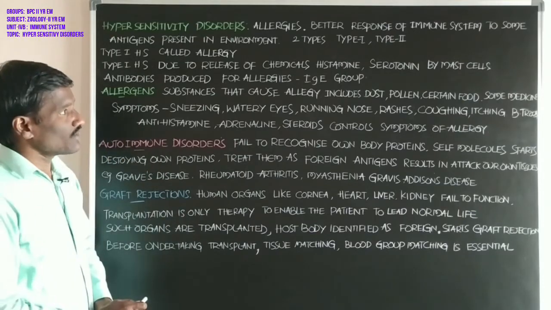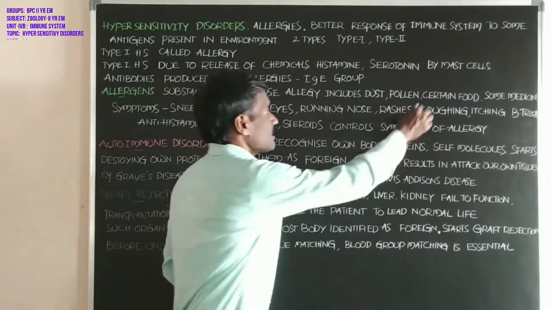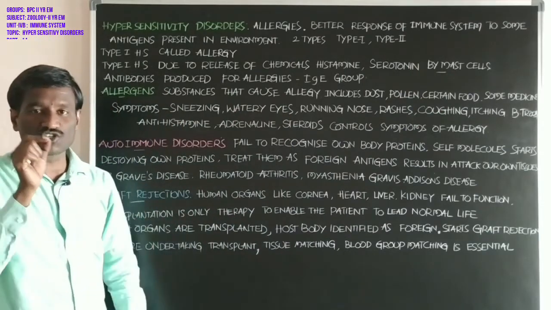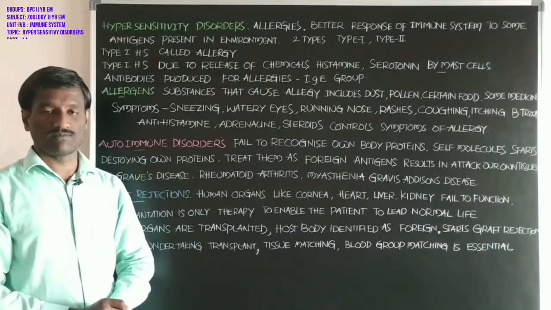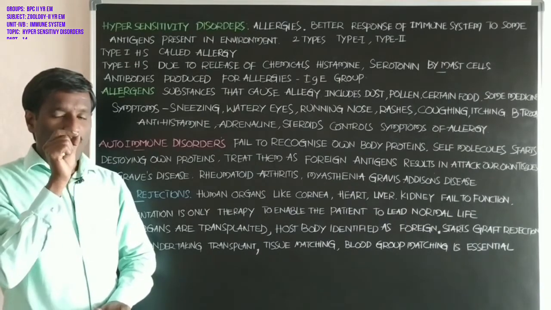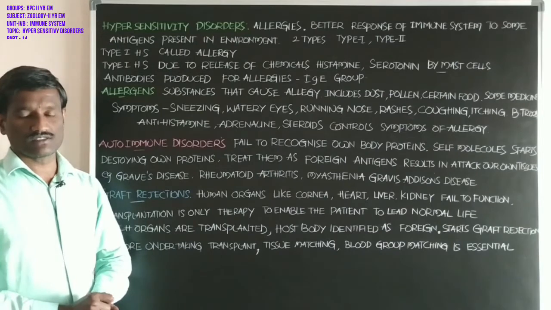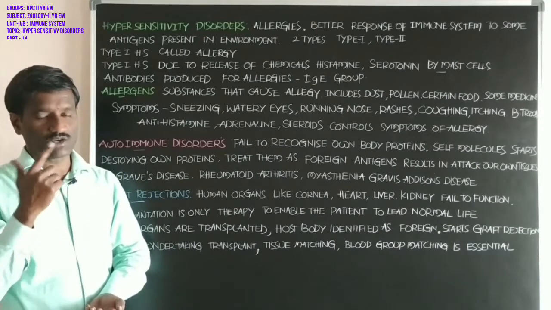Students, these are the mast cells. Mast cells are present in the connective tissue of the body. These mast cells secrete two types of chemicals, histamine and serotonin.